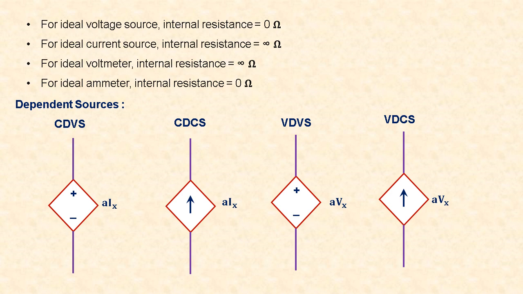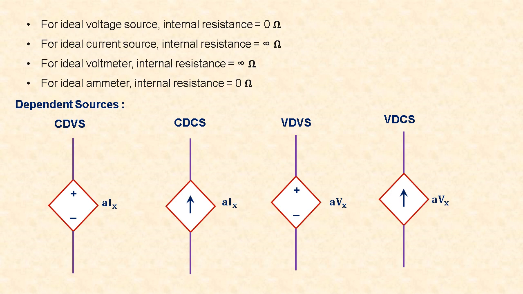First is the current dependent voltage source. Since it is the voltage source, inside the diamond shape plus and minus signs are represented, and it is current dependent. So A is a constant value and Ix is the current. So this voltage value is dependent on another current Ix.